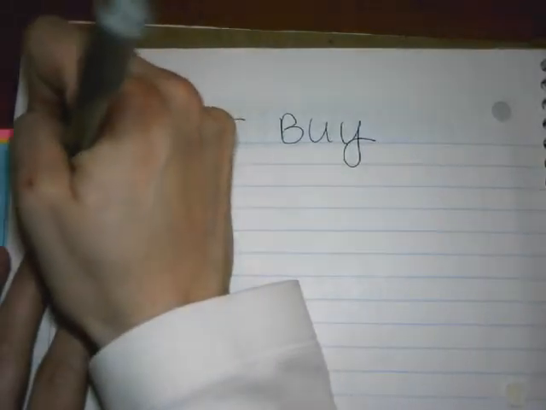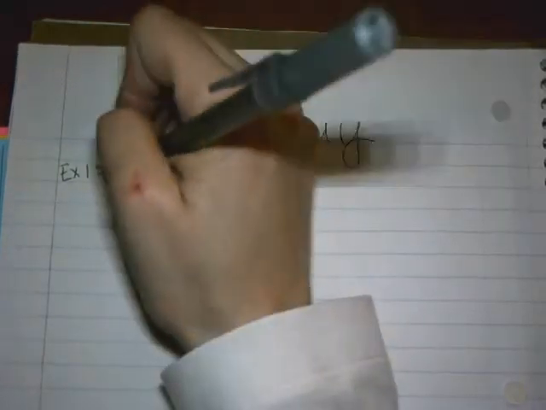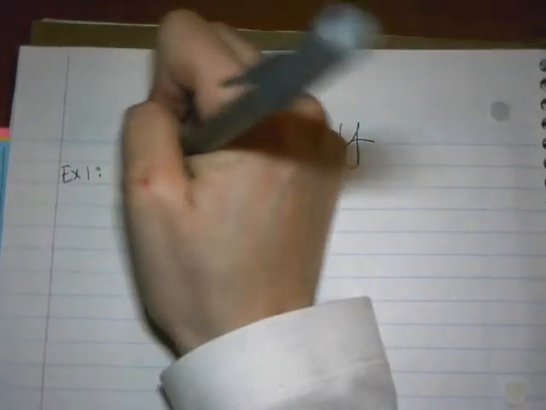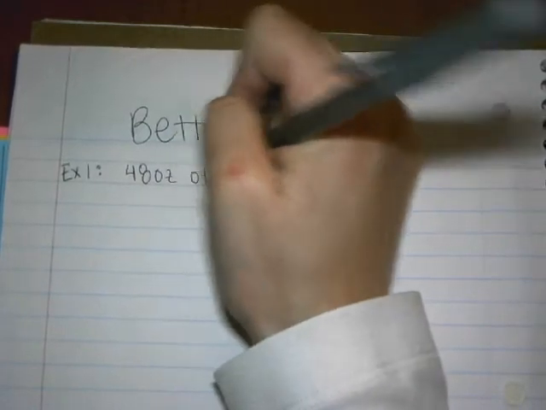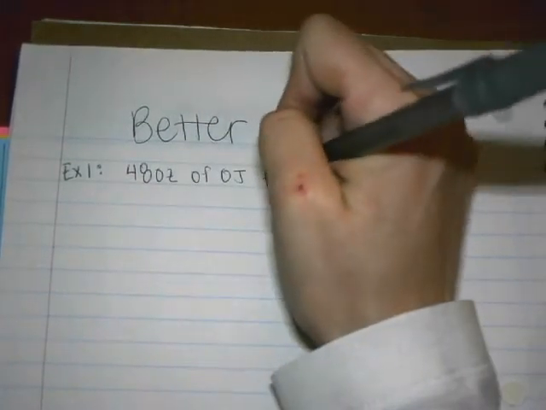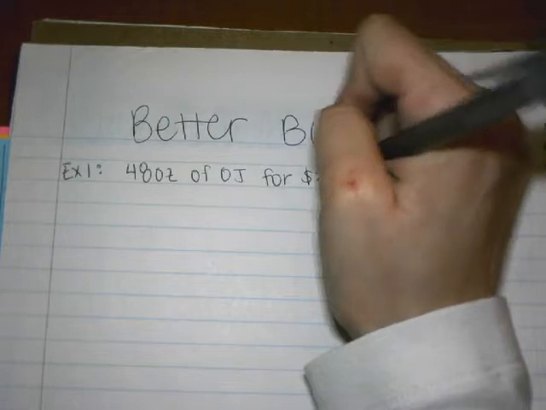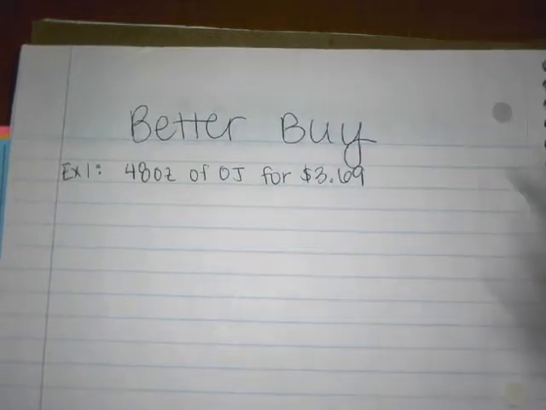So let's say you guys are at the grocery store and you're looking at the orange juices. And you notice that you can buy a 48-ounce orange juice for $3.69.